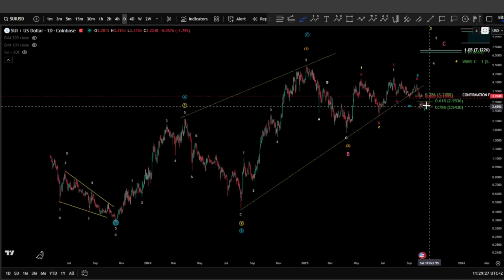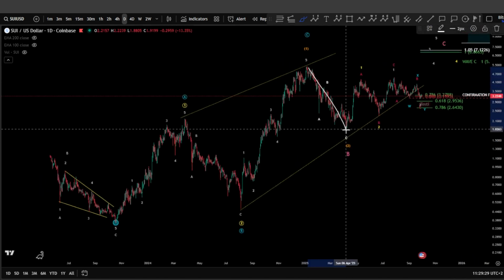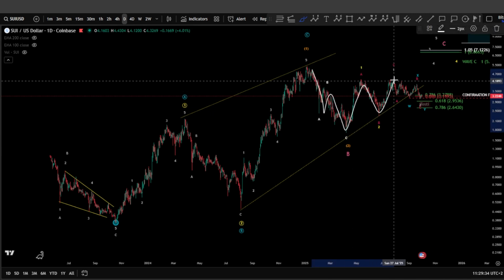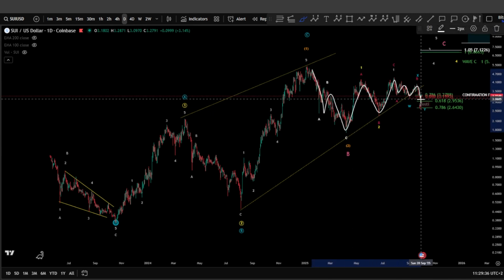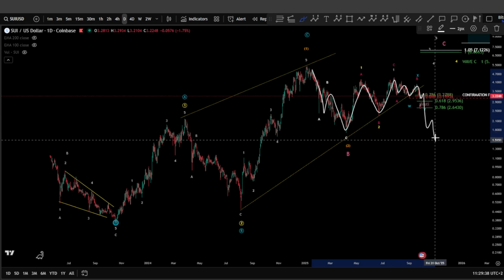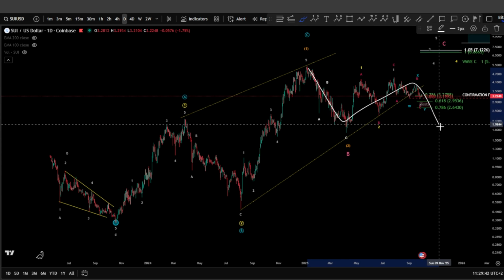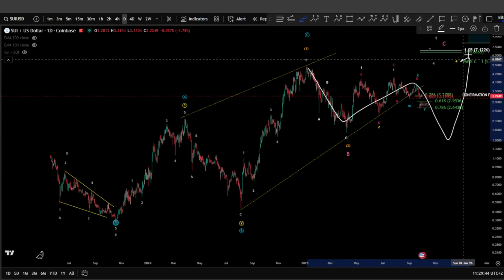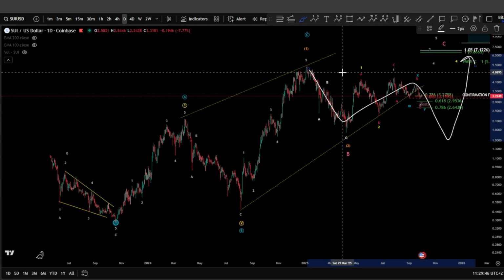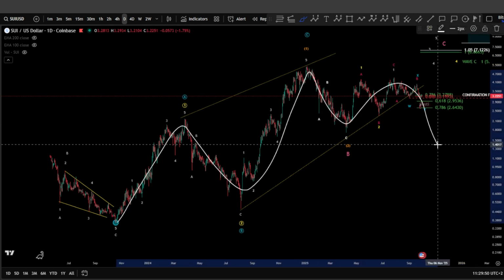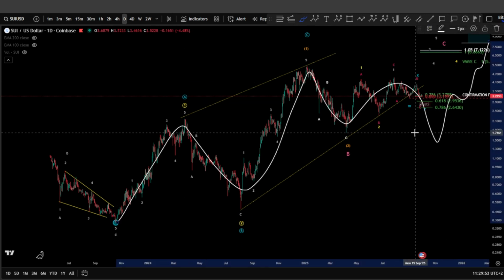Well, this can be a scenario where you have an extended correction: 3 waves down, 3 waves up, and you have a 1, 2, 1, 2, and then 3, 4, and a 5, which is of course an extended correction, ABC, before the move toward the upside again in one bullish scenario, which is A, B, and a C, 1, 2, 3, 4, and a 5.